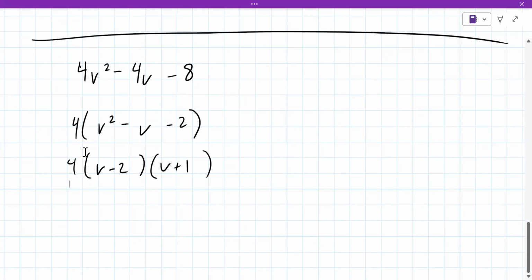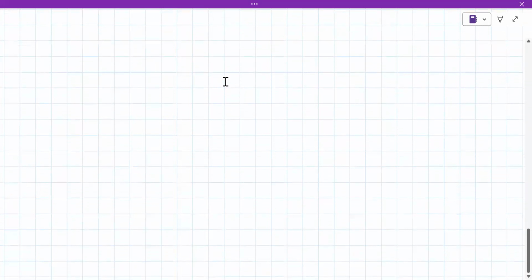Okay. Cool. Right. Good. So now we're going to move on to ax squared plus bx plus c type factoring. This is where the first one is not a 1. And it's going to require a little bit of a different approach than we've been doing.